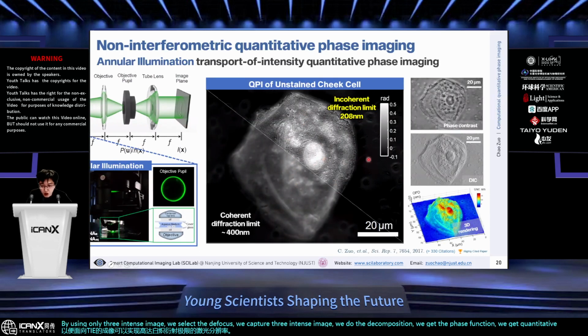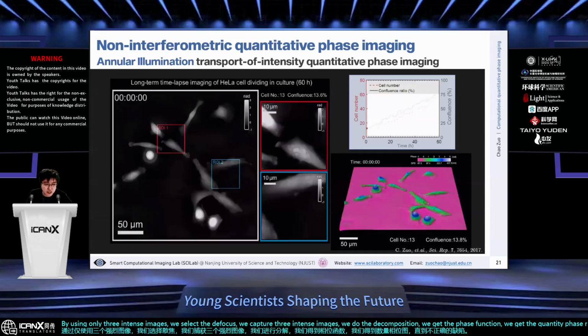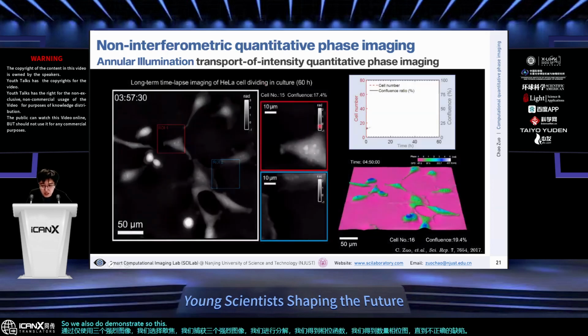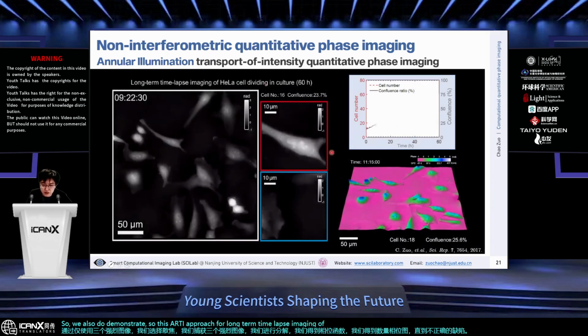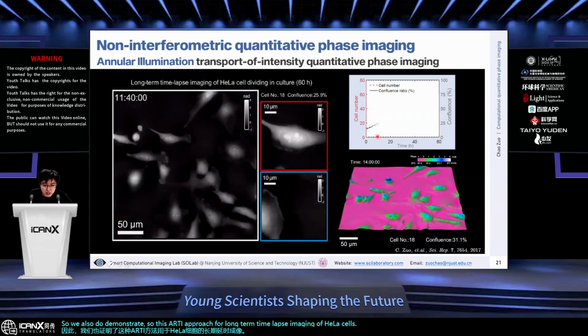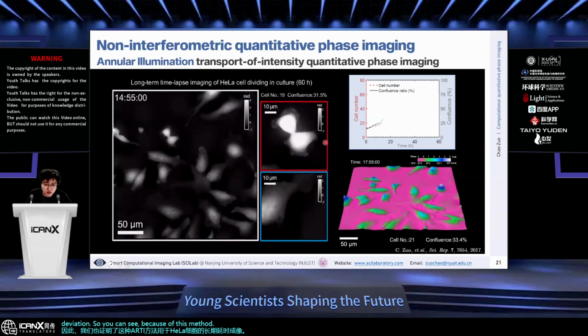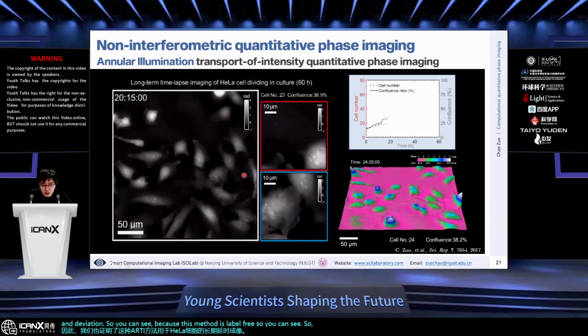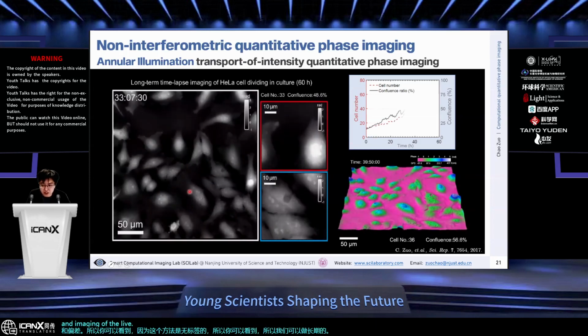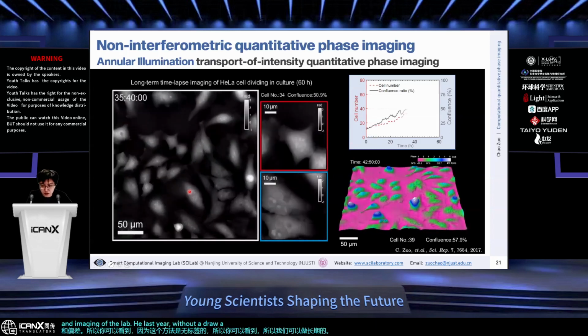We also demonstrate this AR-TIE approach for long-term time-lapse imaging of HeLa cell division. Because this method is label-free, we can do long-term imaging of the live HeLa cell without worrying about phototoxicity and photobleaching.